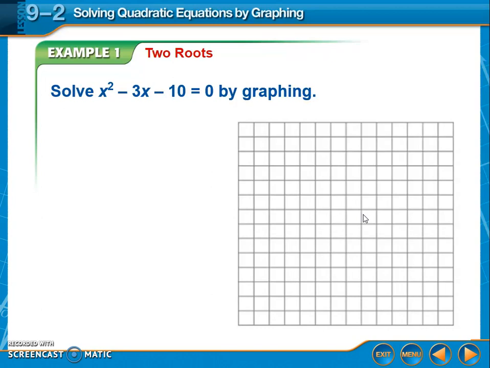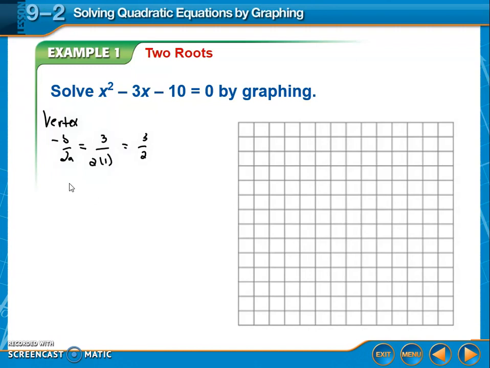In order to do this, I'm going to start by graphing it like we were doing in the last section. So I'm going to find my vertex to start, by doing negative b over 2a. My negative 3 becomes 3, and 2 times 1 is 2, so I get 3 over 2.